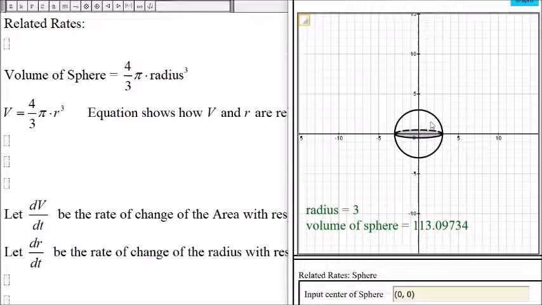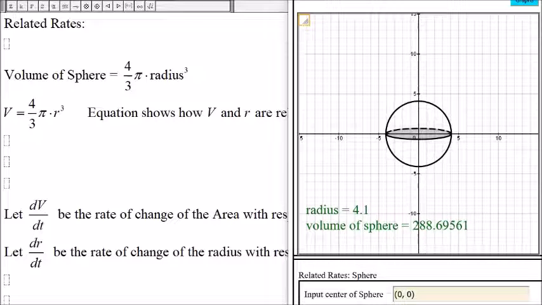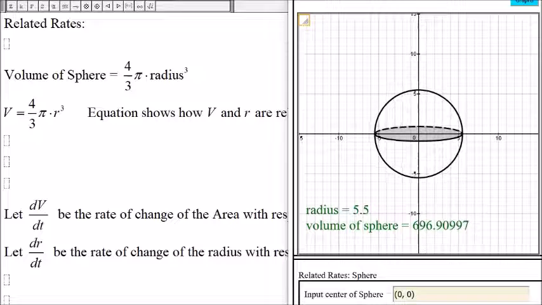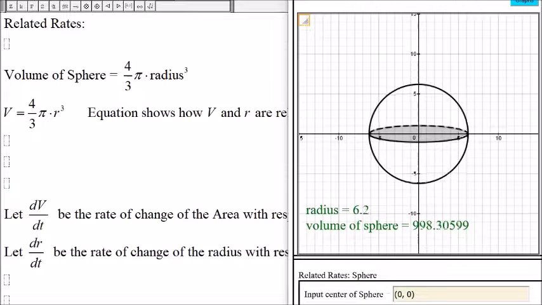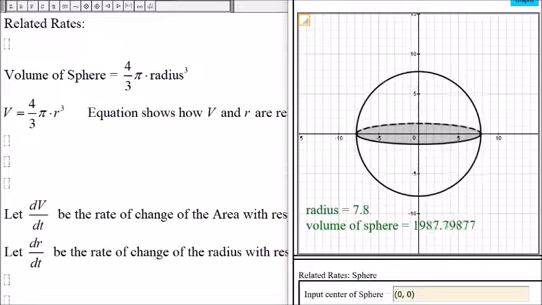And so here we have the sphere with radius 3, and so the corresponding volume is about 113. And so if we increase the radius, then we're also increasing the volume of the sphere. And so if the rate of change of the radius is fast, then the rate of change of the volume is also fast.